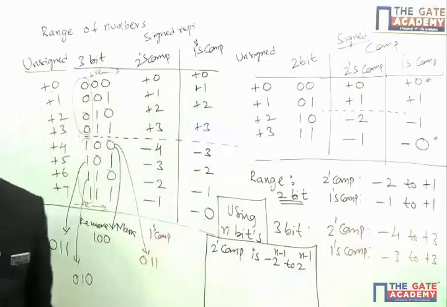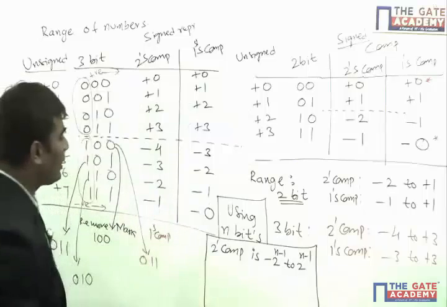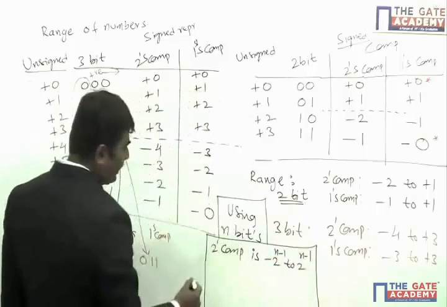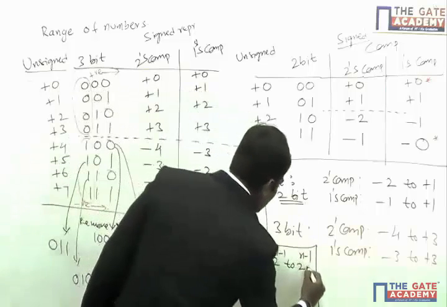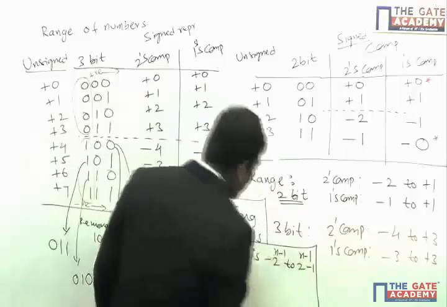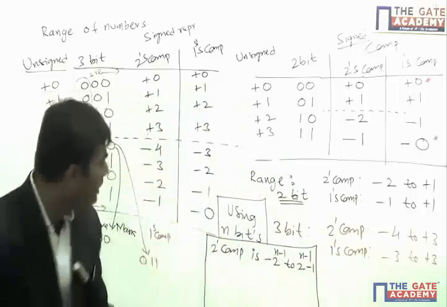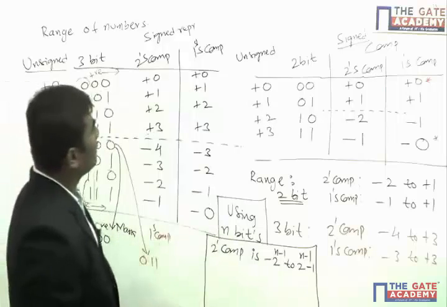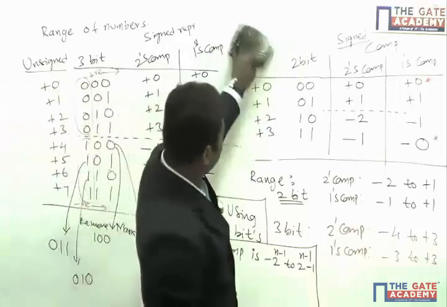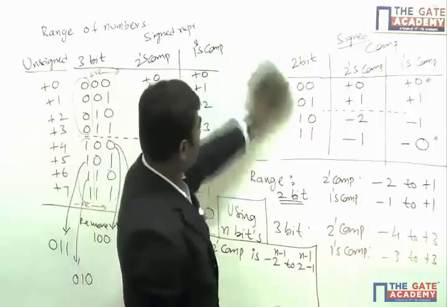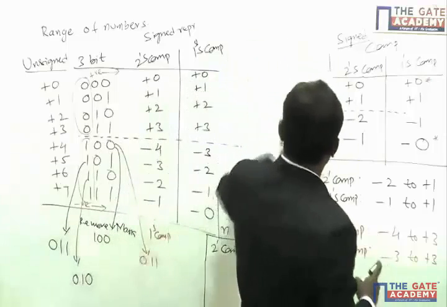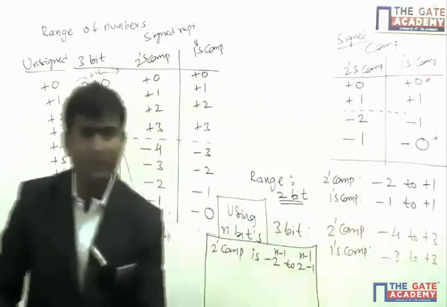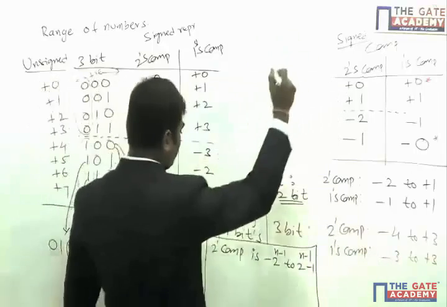You can write it as plus also, but I have just written it as minus 2 to the power of n minus 1 to 2 to the power of n minus 1, minus 1. I'll write it again, it looks a bit clumsy over there. Can erase this one. Sorry. Right. So the range of numbers looks something like this.